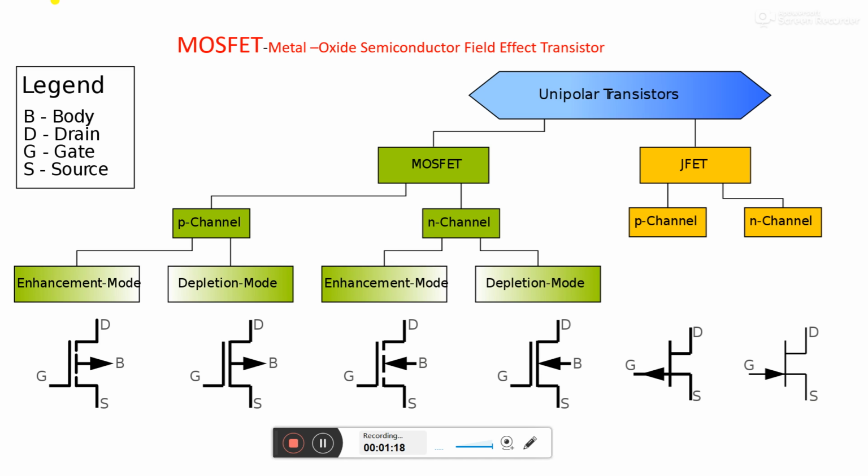It is maximum. But if we keep a voltage between drain and source, actually drain and source are both drawn from the same type of material. That is, if you are talking about the N channel, then from the N type only we draw drain and source.